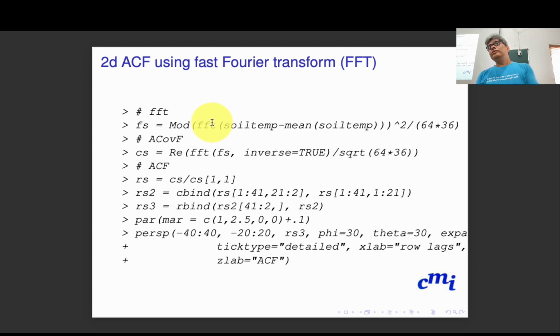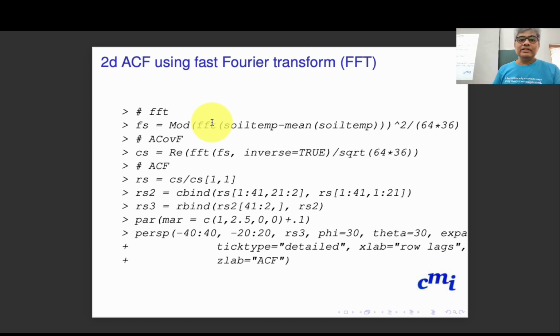Then you take the modulo of the fast Fourier transform, because the FFT gives you a bunch of complex numbers, and from that complex number we want to estimate the modulo.